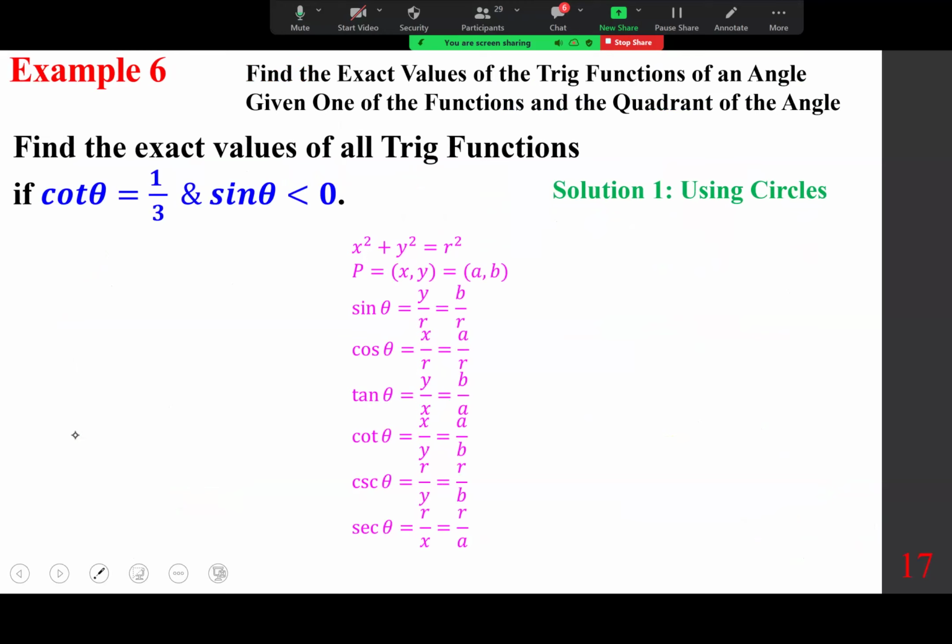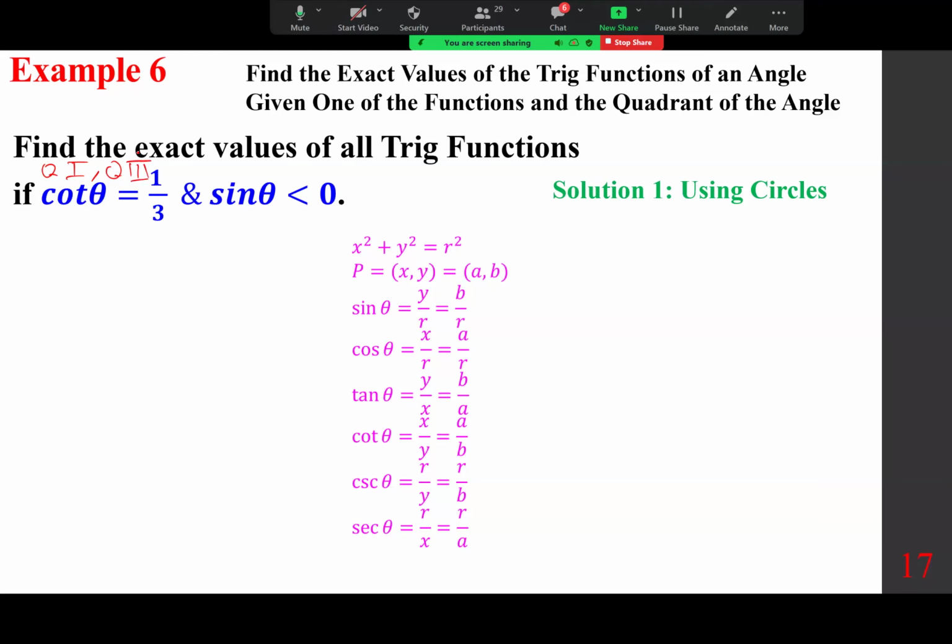Let's look at another example. We want to find the exact values of all trigonometric functions where cotangent theta is 1/3, sine theta is negative. So the very first thing is to figure out the quadrant. Cotangent and tangent are positive in the first and third quadrant. So because it's positive, quadrant 1 or 3.